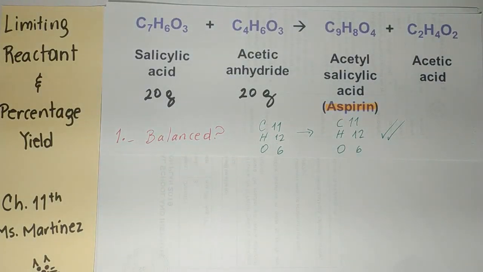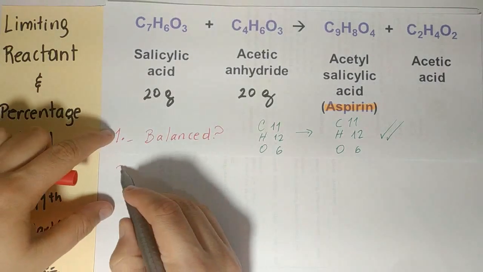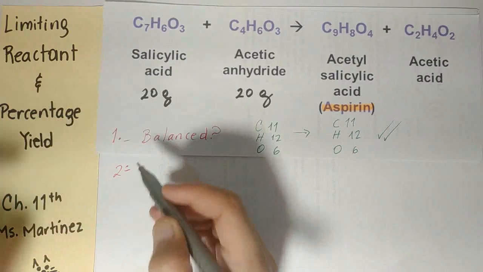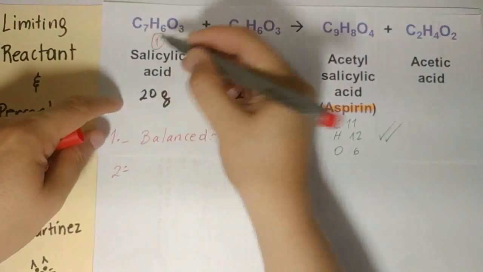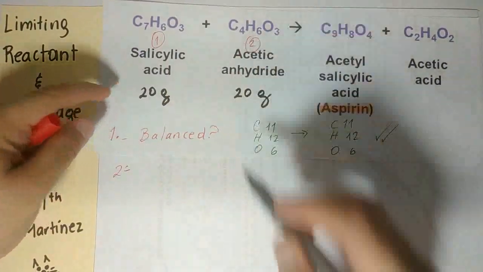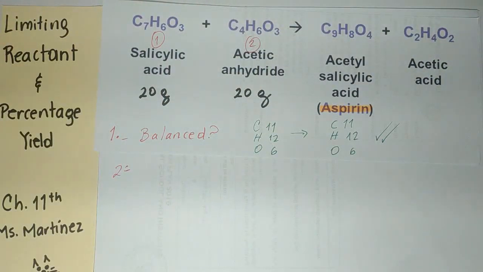Now, the second step is, as we do in limiting reactant, we always compare the product of each reactant. So here we have one reactant and our second reactant. So we're going to compare what is the product that each reactant produces.